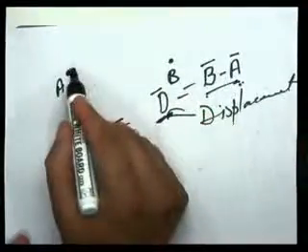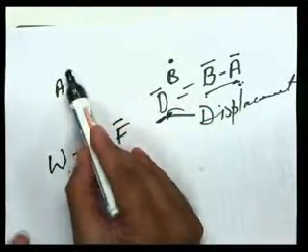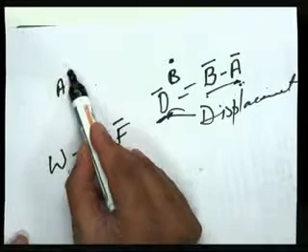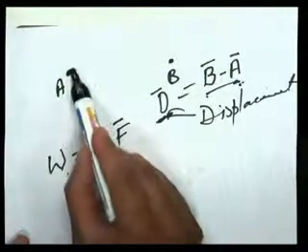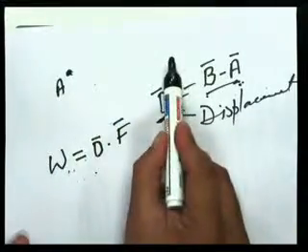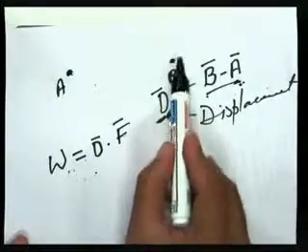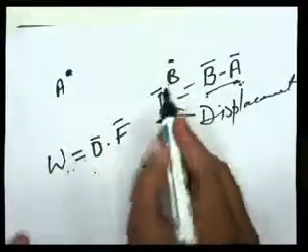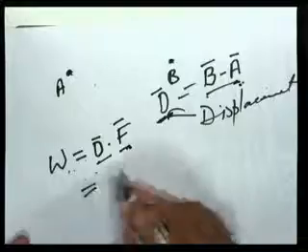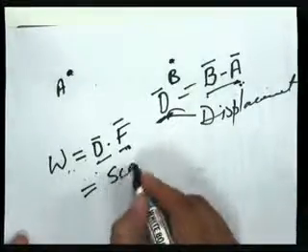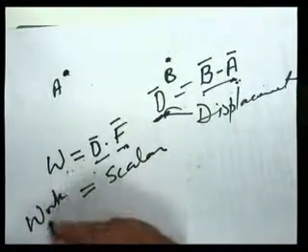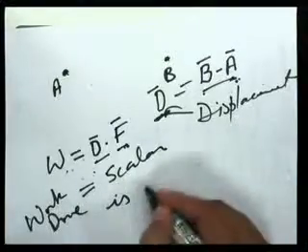Certain force is applied on the body when it is at the point A, and it is displaced to the point B. We have applied certain force to displace the body from A to B, so this is displacement and this is force. This is a dot product, and ultimately we get a scalar. Or you can say that work done is a scalar.